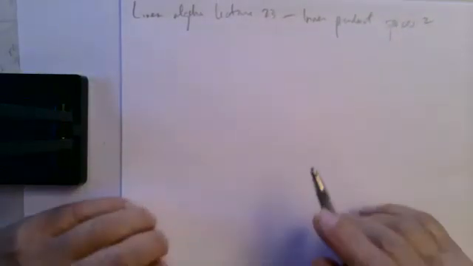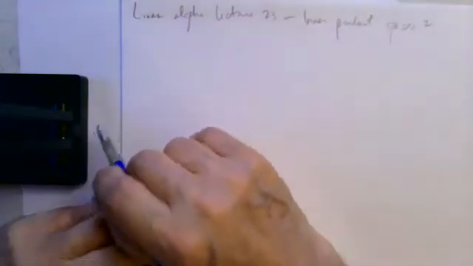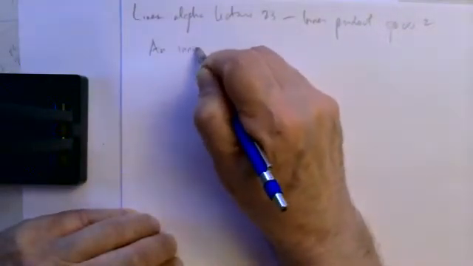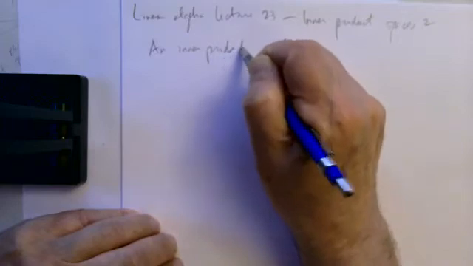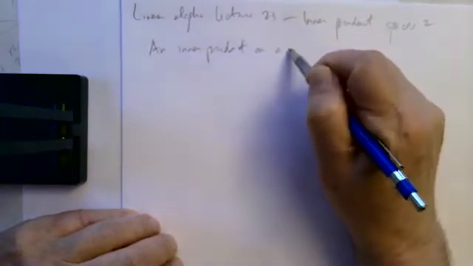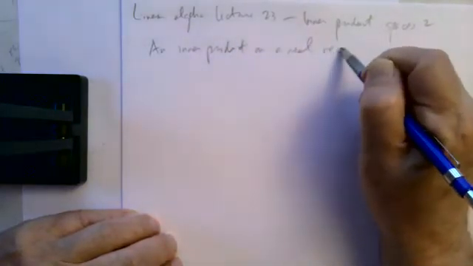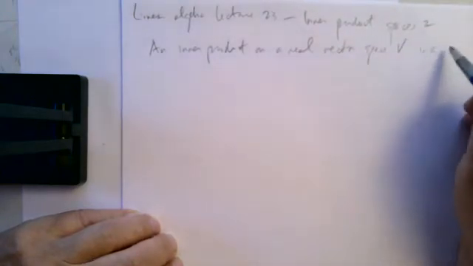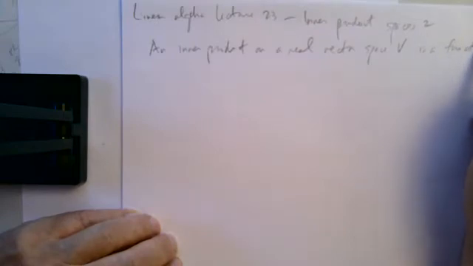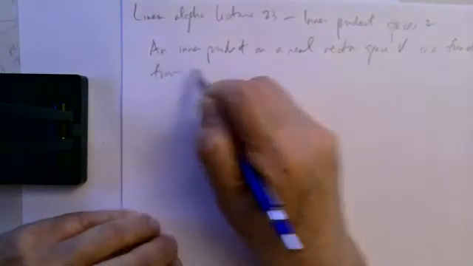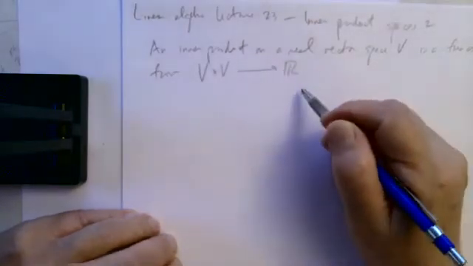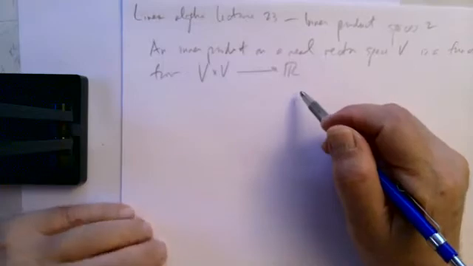Okay, so let's recall what an inner product is on a vector space. So an inner product on a real vector space V is a function from pairs of vectors, so the set V cross V, into R that satisfies the following properties.